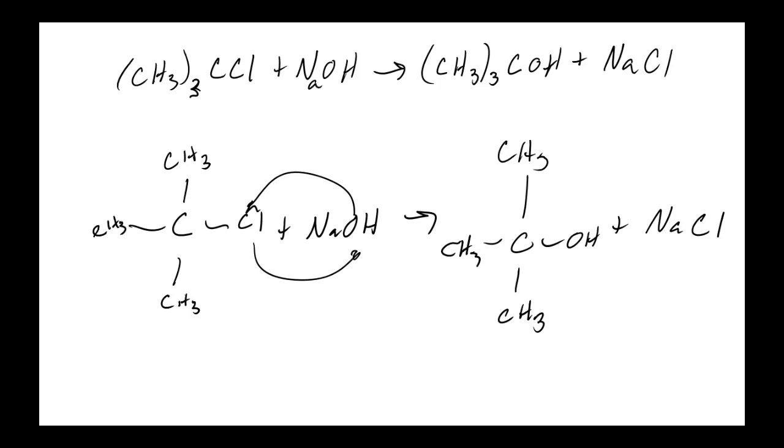Only the concentration of the T-butyl chloride, this first thing here, controls the rate of reaction. But in the reaction, 1 molecule of sodium hydroxide is consumed for every molecule of methyl chloride, thus forming 1 molecule of methyl alcohol, and 1 molecule of sodium chloride. So there's your reaction.